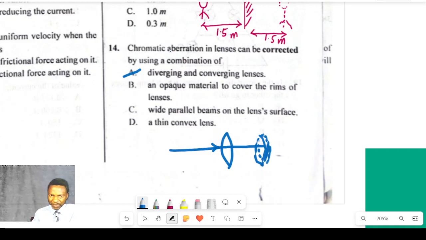That is what we refer to as chromatic aberration. To solve this problem so that you produce a sharp image, all you need to do is have a convex lens, then combine it with a divergent lens. So if we use the combination of these, this will produce a sharp image here.